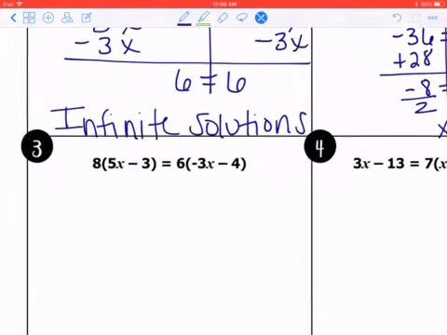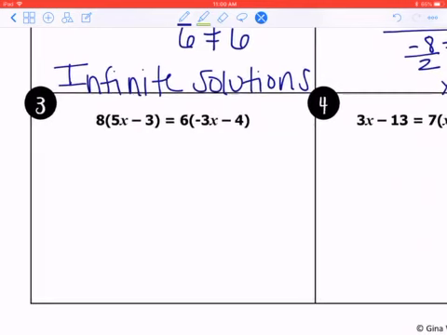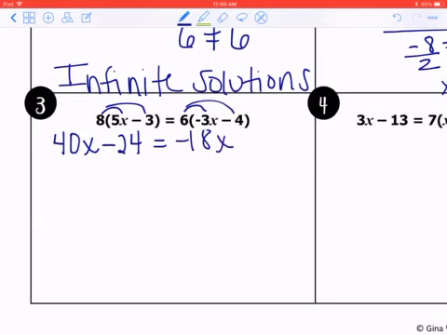Okay. Number 3. See if there's an answer here, if it's infinite or no solution. We will distribute. We'll have 40x, multiply 3 to get negative 24, equals multiply 6 to negative 3 for negative 18x, subtract 24.